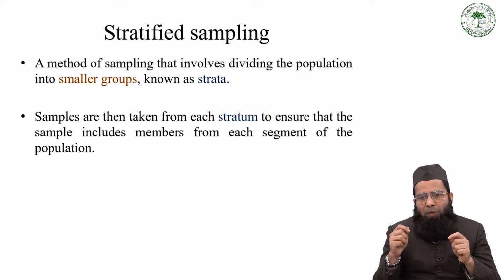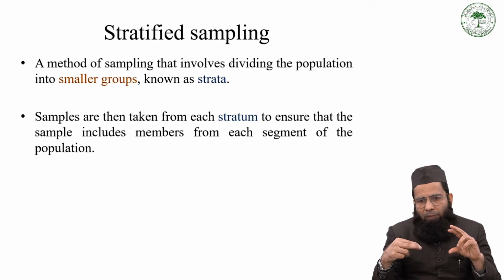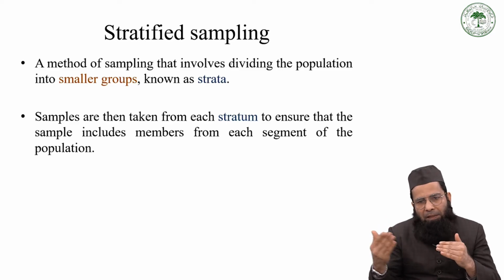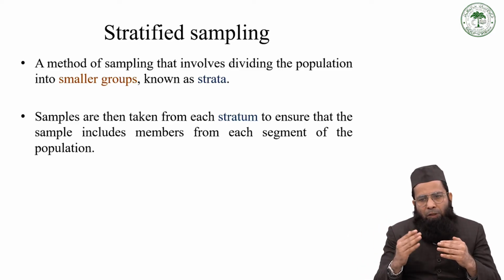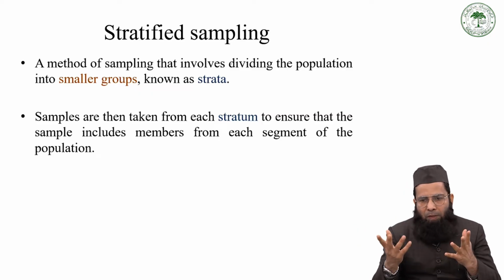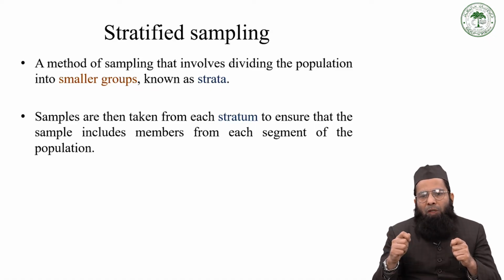Let's say an example. I will discuss it with the example that I discussed in the just previous slide. So continuing with our study on high school students, suppose we want to ensure our sample accurately reflects the city's demographic in terms of socio-economic status.